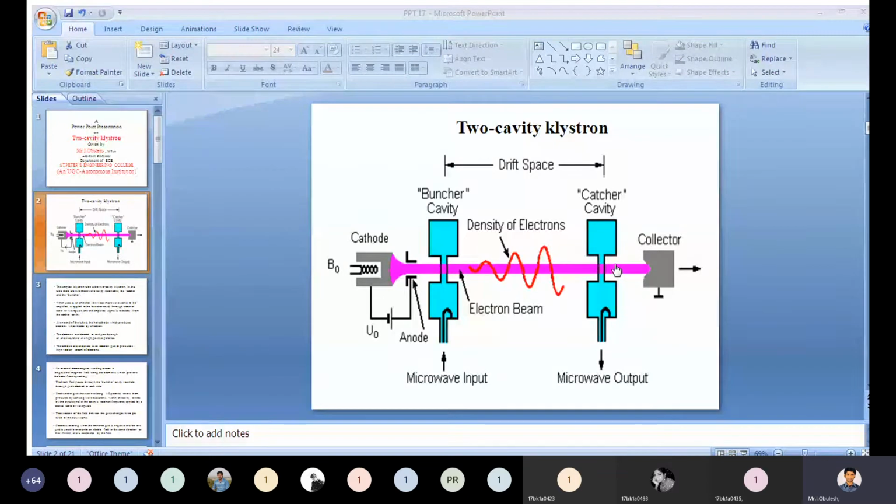Okay. So at one of the ends, what do we have? This is a hot cathode, which produces electrons. How does this cathode produce electrons? By heating a filament inside this cathode.